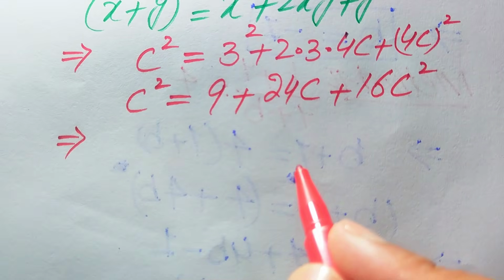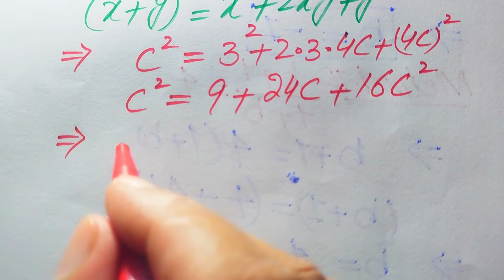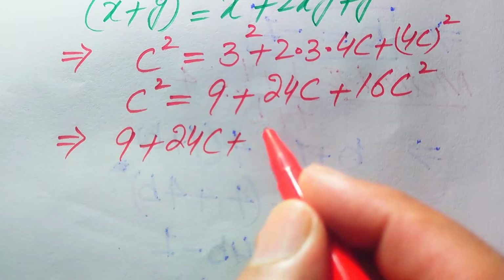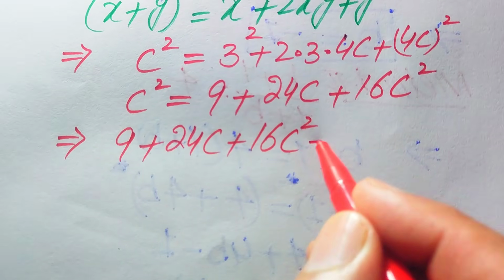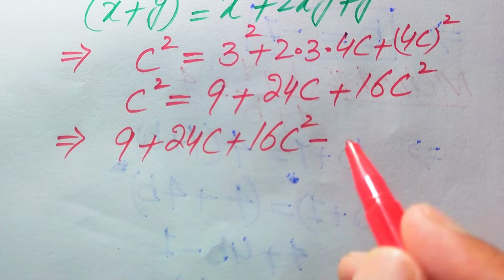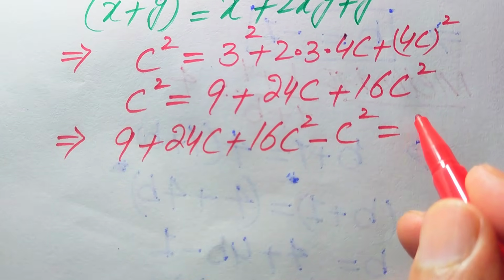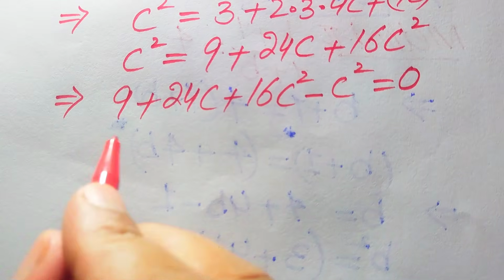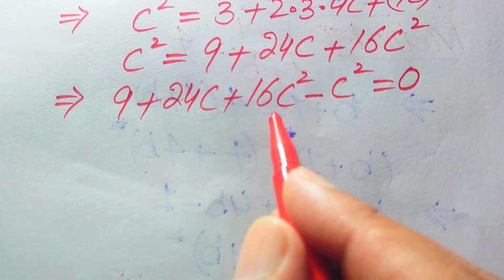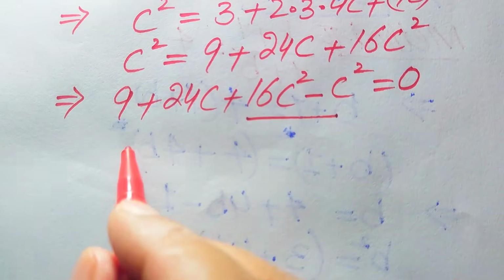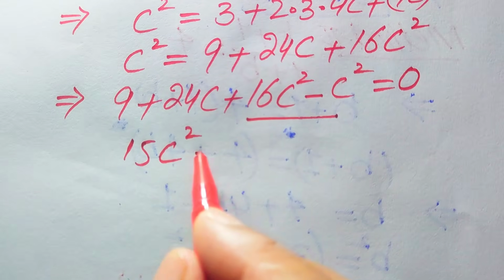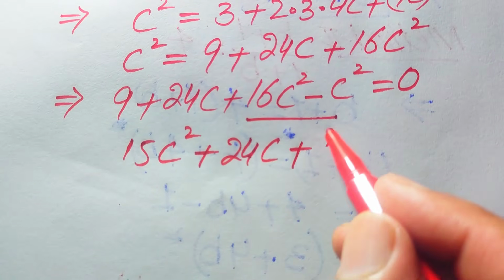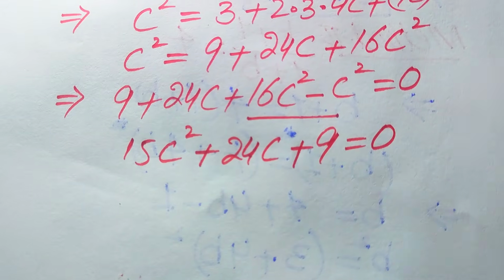Further, in the next step we move the term c square to the right hand side, and we get 9 plus 24c plus 16c square, and this positive c square becomes negative c square, and this whole equation equals 0. Further, 16c square minus c square becomes 15c square plus 24c plus 9 equals 0.